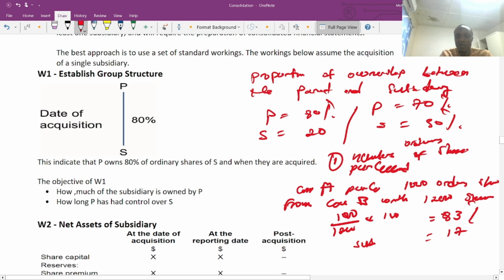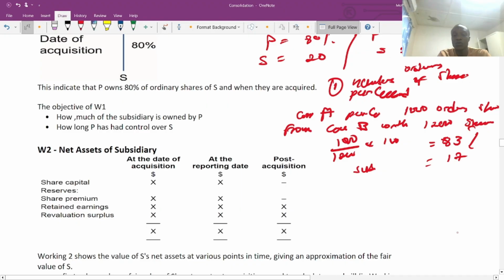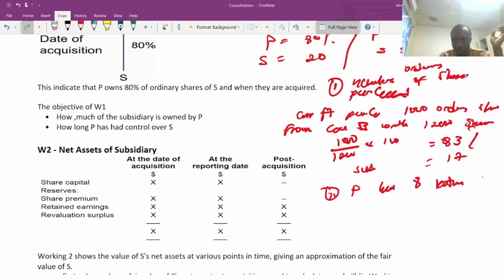Or alternatively, we can also calculate the percentage of holding based on the voting right. For example, in working two, the question might tell you that the parent company has 8 voting rights out of 10 directors.